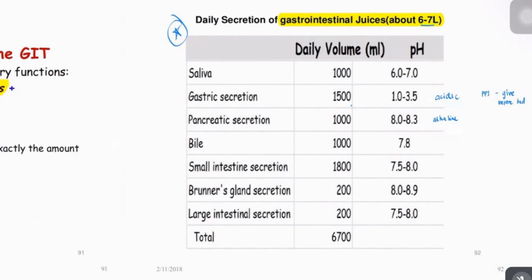Small intestine secretion is 1,800, 7.5 to 8. Brunner's gland secretion, 200, 8.9. Large intestine, 200, 7.5 to 8. Total 6 to 7 liters daily volume of your gastrointestinal juice.